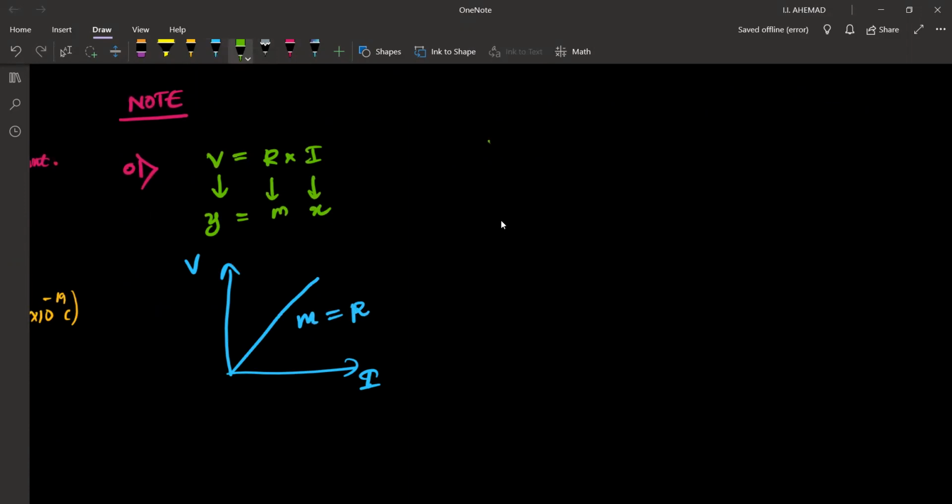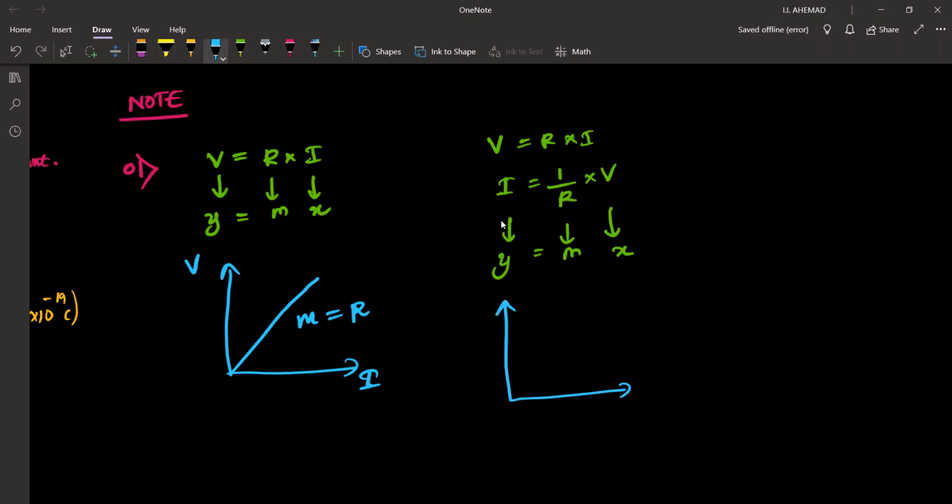If we plot V is equal to RI, then I is equal to 1 over R into V. Now we have y is equal to mx again. This time also we have a similar graph.